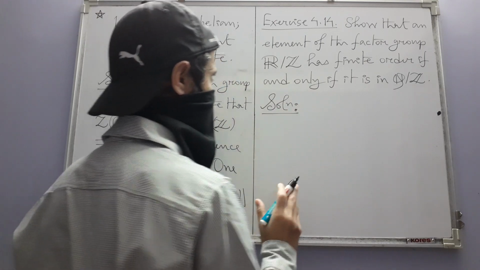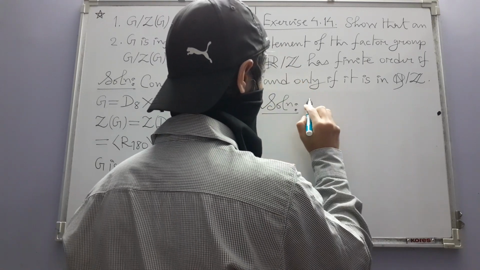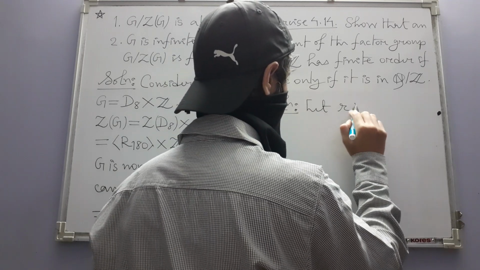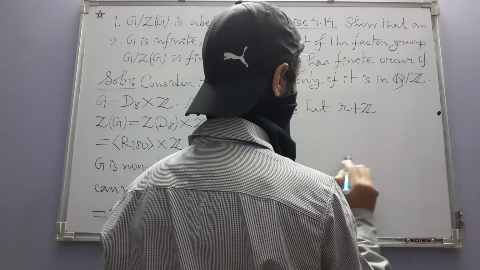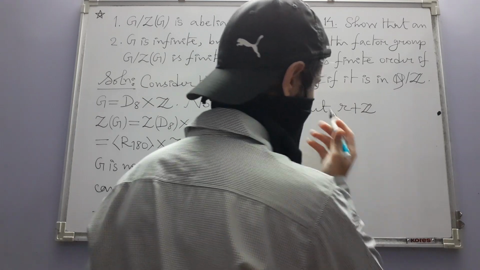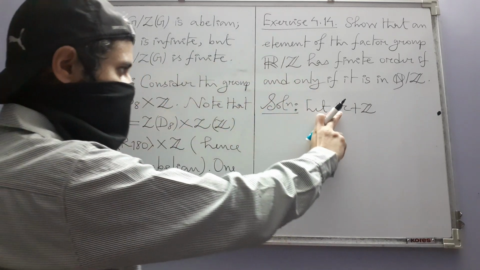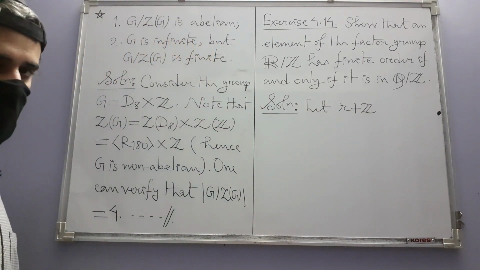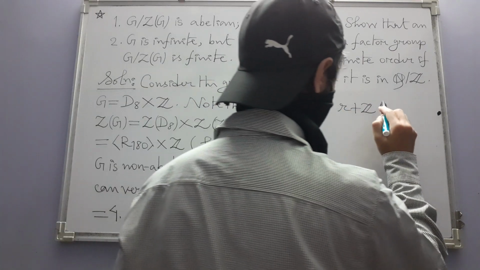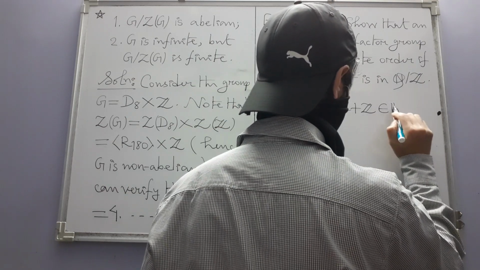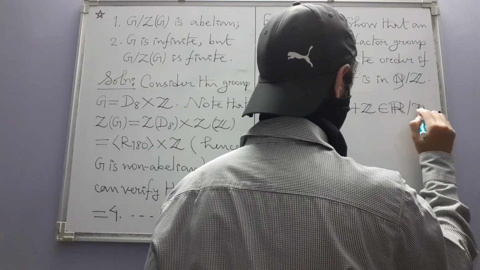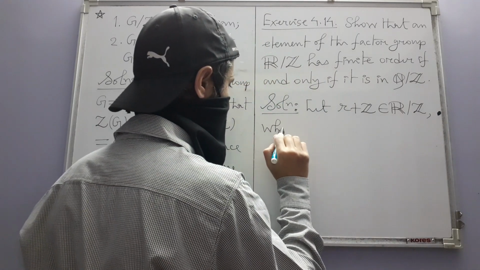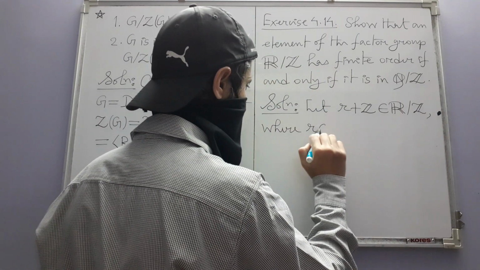So let us consider any element here. Let this coset, we are writing it, the coset not as RZ but R plus Z, because plus is the binary operation, where of course R is a real number.